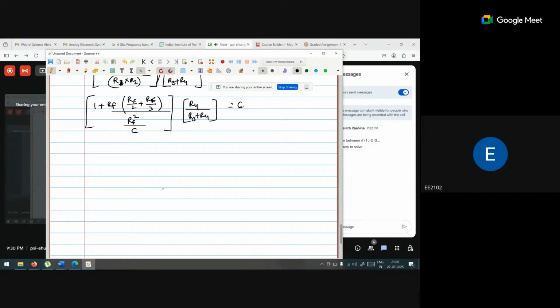Okay, so if I solve this one, 1 plus RF into this one is the 5 RF by 6 upon RF square by 6. So 6 and 6 cancel out, RF and RF square will cancel out, multiplied with R4 upon R3 plus R4 is equal to 6. So 1 plus 5, 6, that is 6.